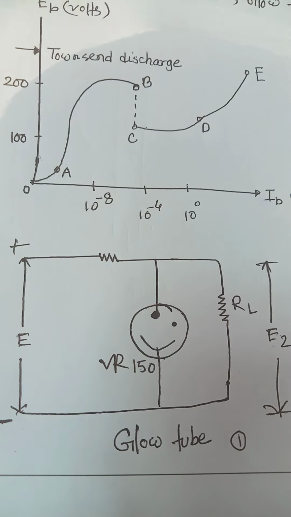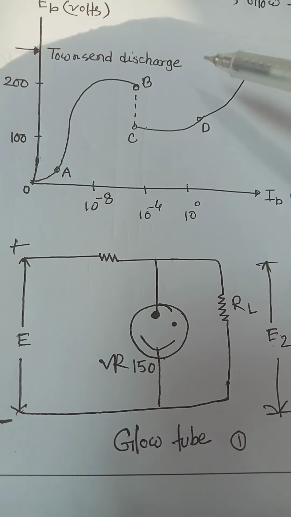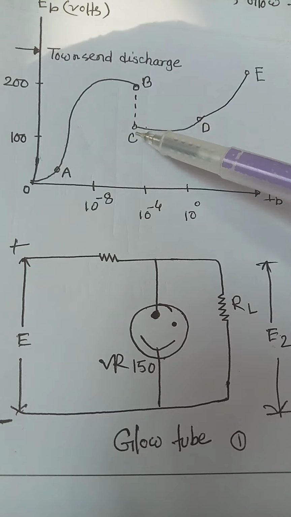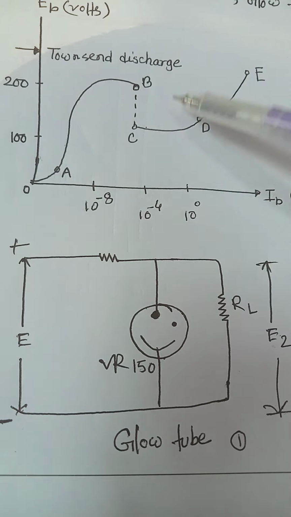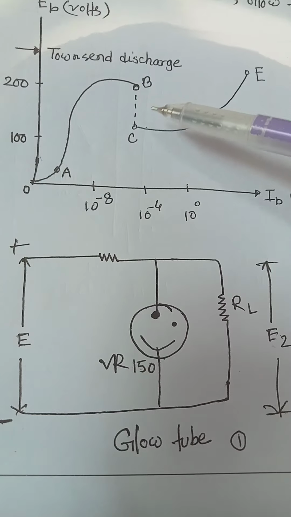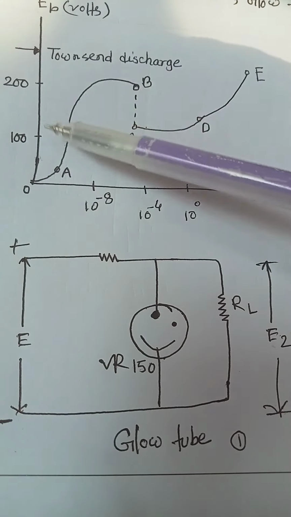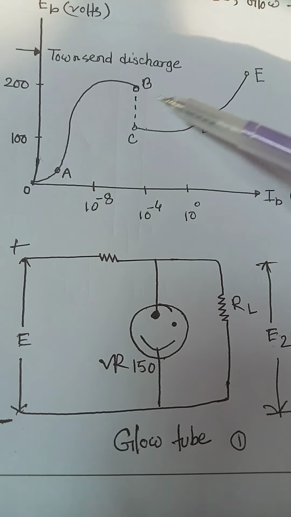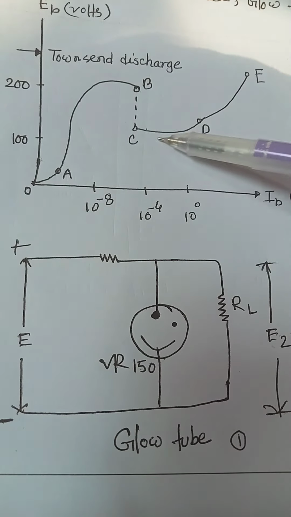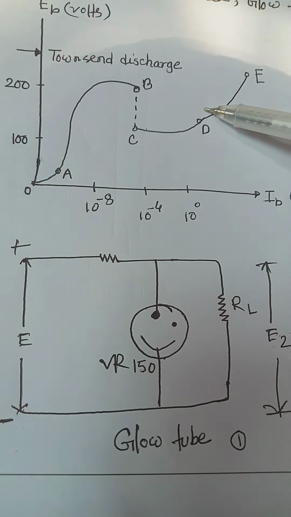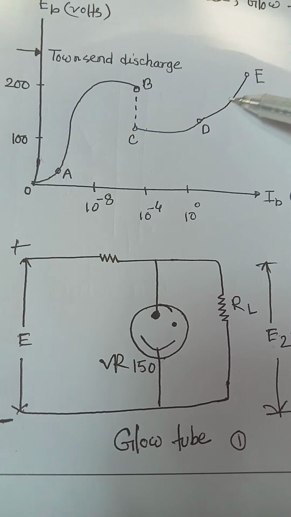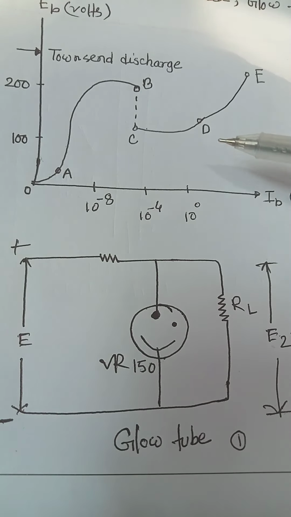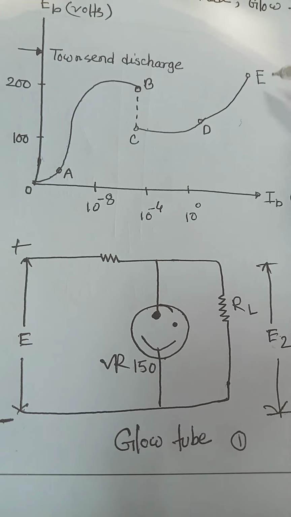The stage of conduction D to E is known as the abnormal glow.